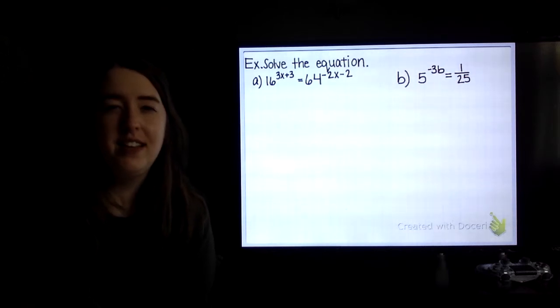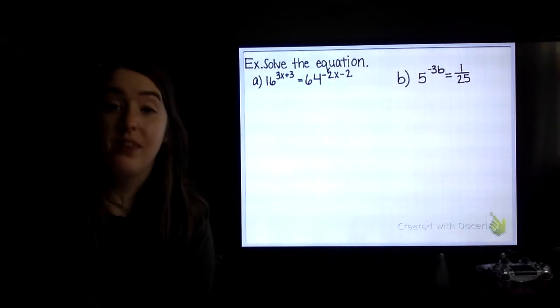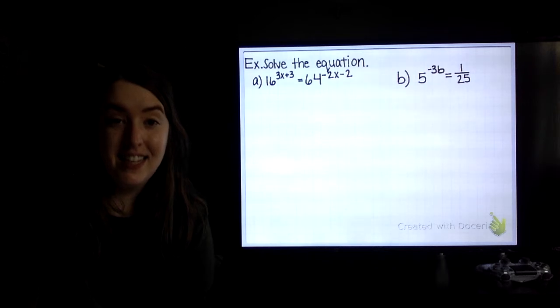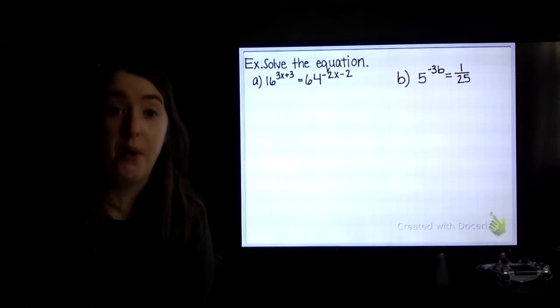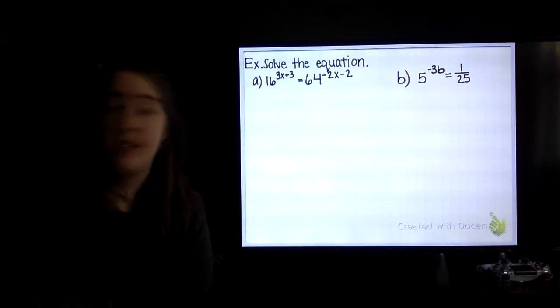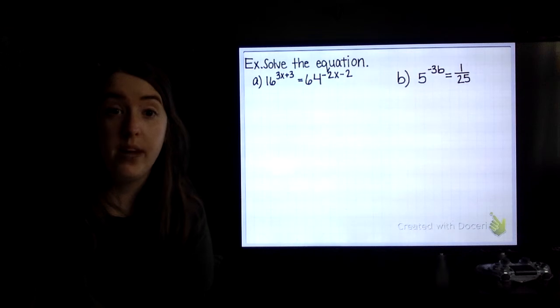So the first thing that I want you to notice or really look at are 16 and 64. What do 16 and 64 both have in common? 16 and 64 are both powers of 4. And they're also powers of 2, but I'm just going to approach it from the power of 4 way this time.